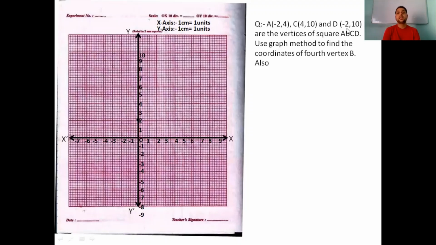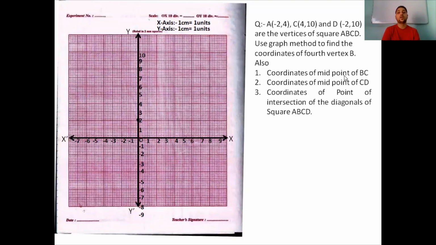A, C, D are the vertices of a square ABCD. Use the graphical method to find the coordinates of the fourth vertex B. Also we have to find the coordinates of the midpoint of BC, the midpoint of CD, and the point of intersection of the diagonals of square ABCD.